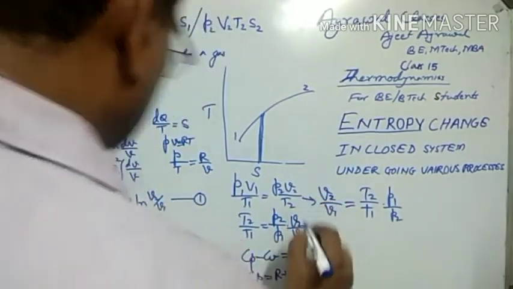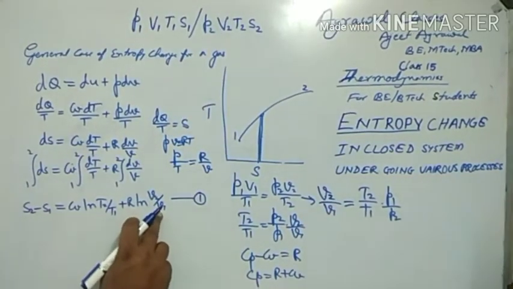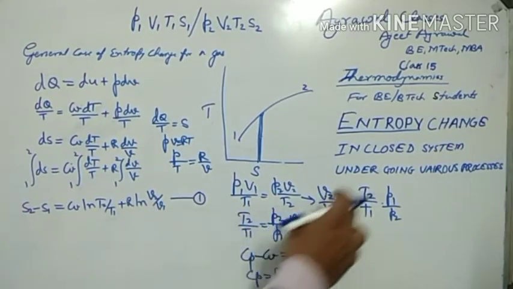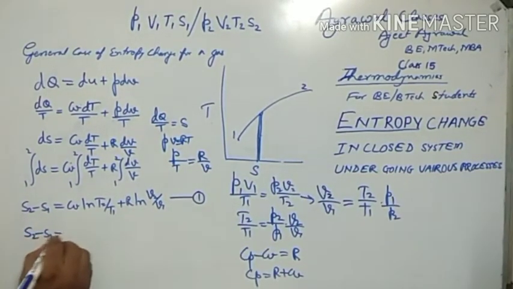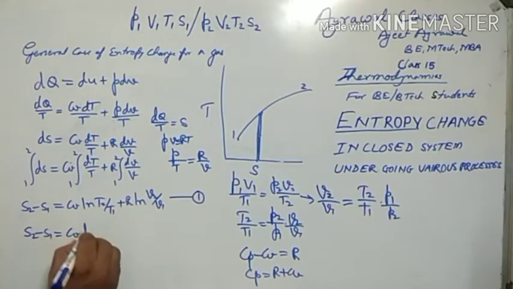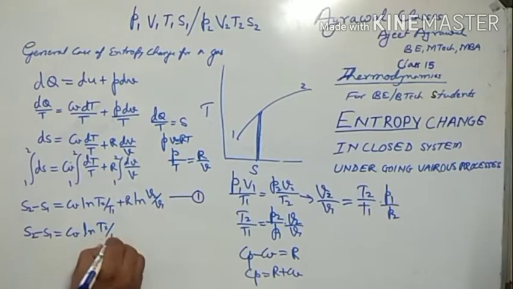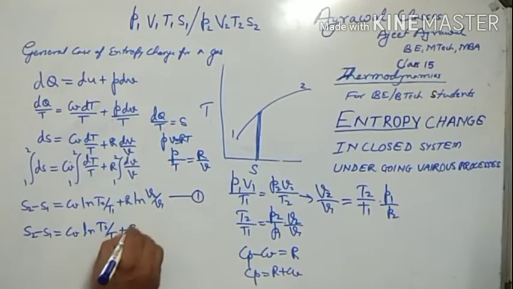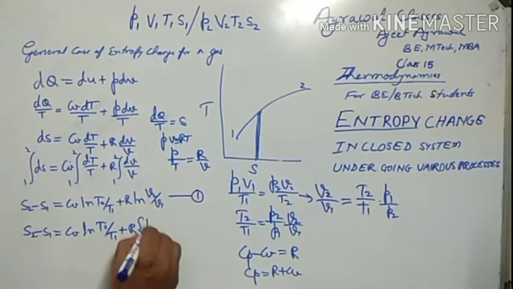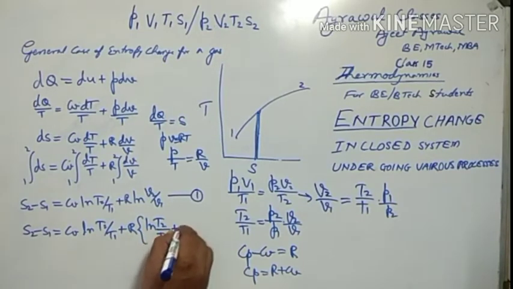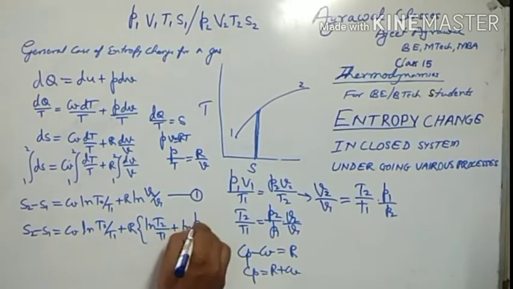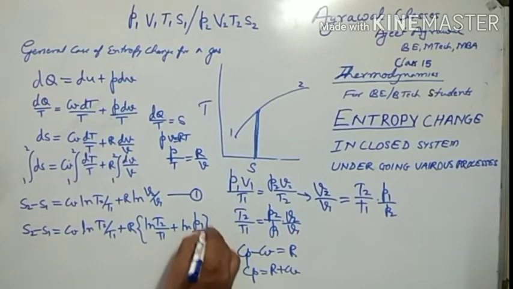Substituting this V2 by V1, the change in entropy becomes Cv log of T2 upon T1 plus R times log of T2 upon T1 plus log P1 by P2.